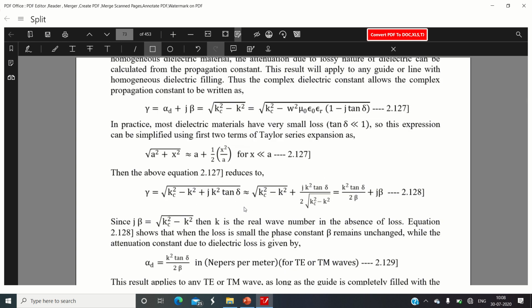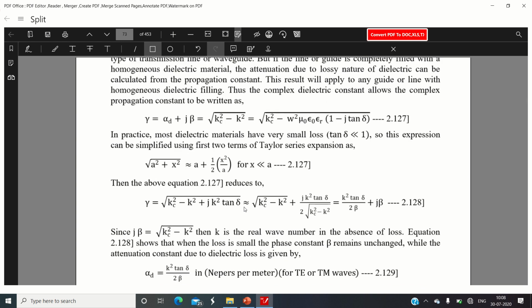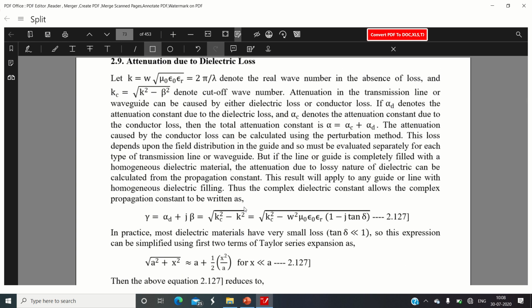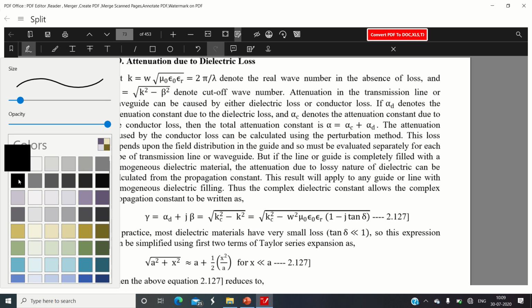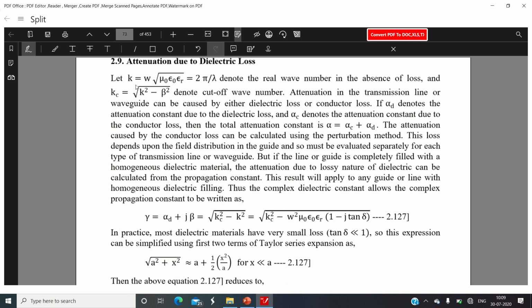Afterwards, we will discuss what a wave number is. Here the wave number is denoted by k, which I will underline. The wave number is calculated using this equation, omega times the square root of mu0 epsilon r.